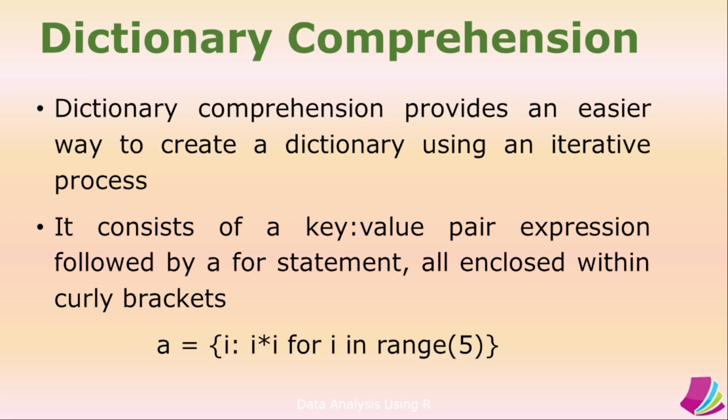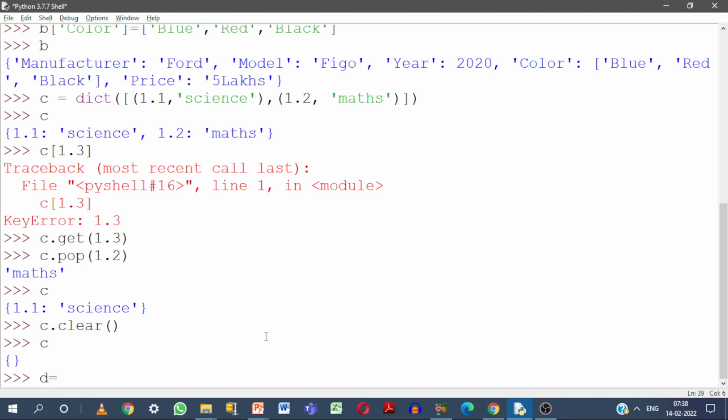And dictionary comprehension can come in handy many times. It consists of a key value pair expression. See that you have some expression on the left side and some expression on the right side, so it's a key value pair, but it comes with a for loop, so that the keys and values are generated automatically. So let us consider this. Okay, D, I'm going to create a new dictionary, right?